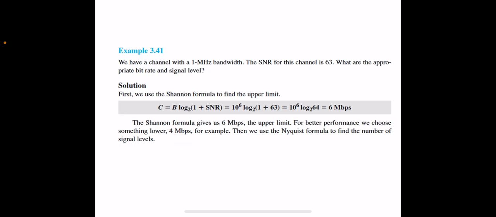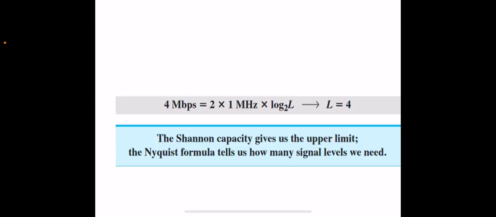For that we can use the Nyquist formula: bit rate equals 2 times bandwidth times log L. The bit rate we have already chosen as 4 megabit per second, bandwidth is 1 megahertz, and applying those values we will get L as 4. So the Shannon capacity gives us the upper limit of a channel, and the Nyquist formula tells us how many signal levels we need.